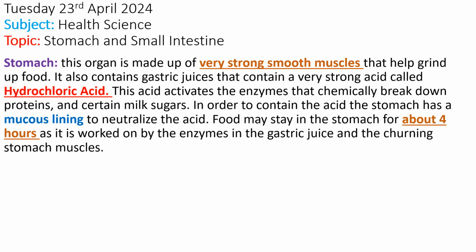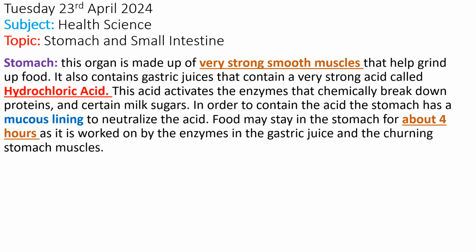Noodles are not going to take that long, about an hour or 2 hours maybe, because noodles are just glucose, right? But an actual meal is going to stay in there about 4 hours. If you have a solid breakfast or a decent lunch, the food is going to stay there anywhere between 4 to 5 hours, depending on what you have.